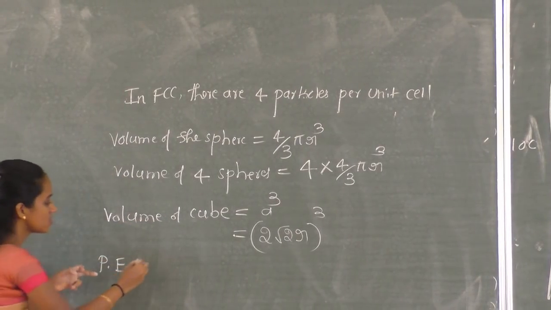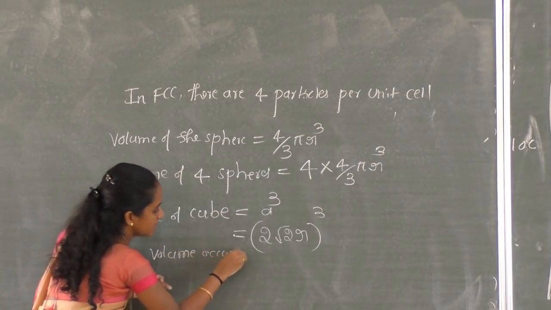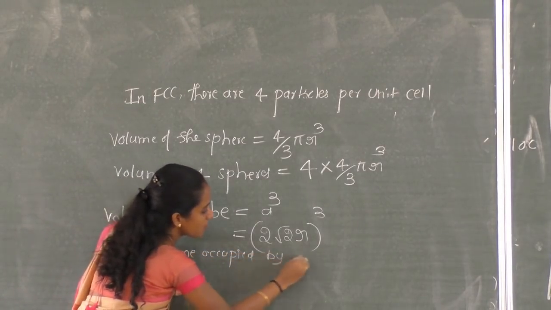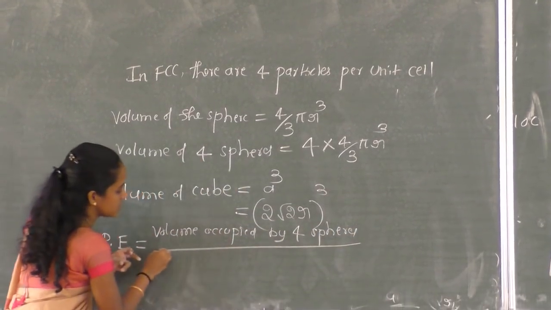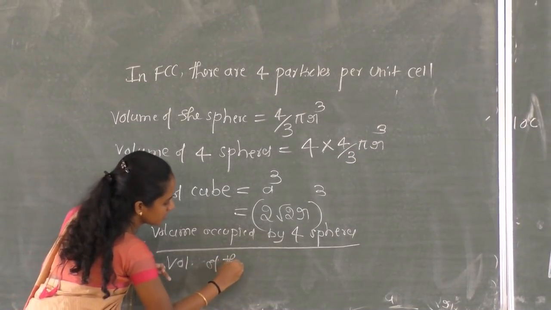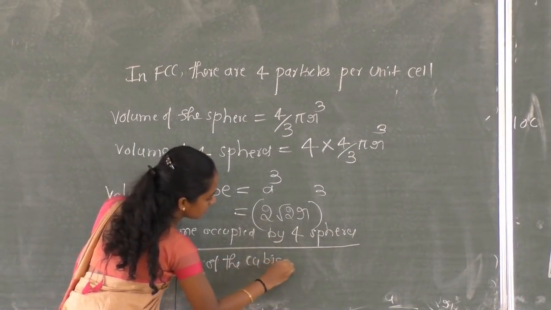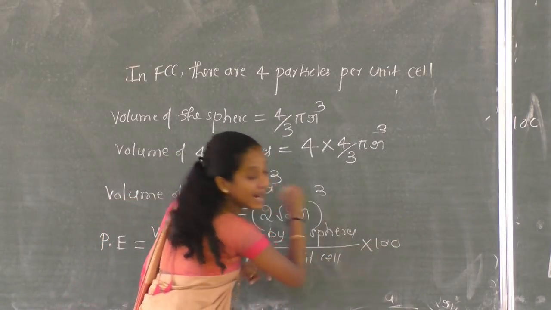Packing efficiency is equal to volume occupied by 4 spheres divided by volume of the cubic unit cell, multiplied by 100.